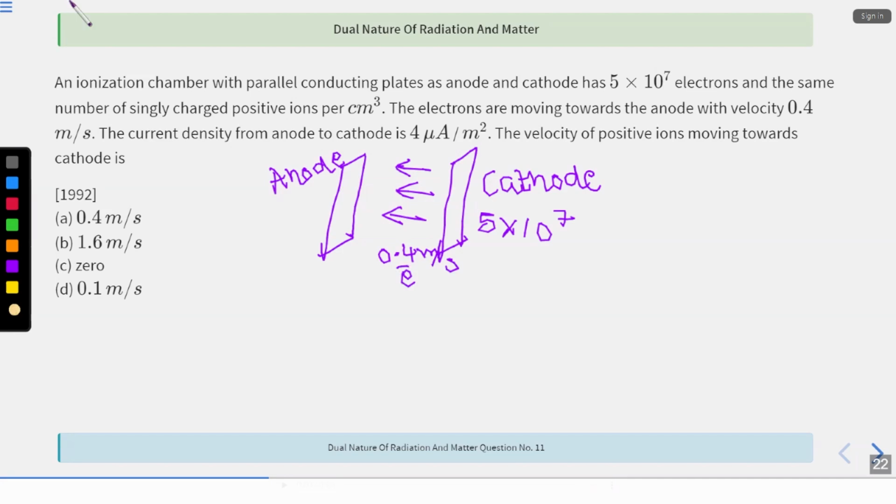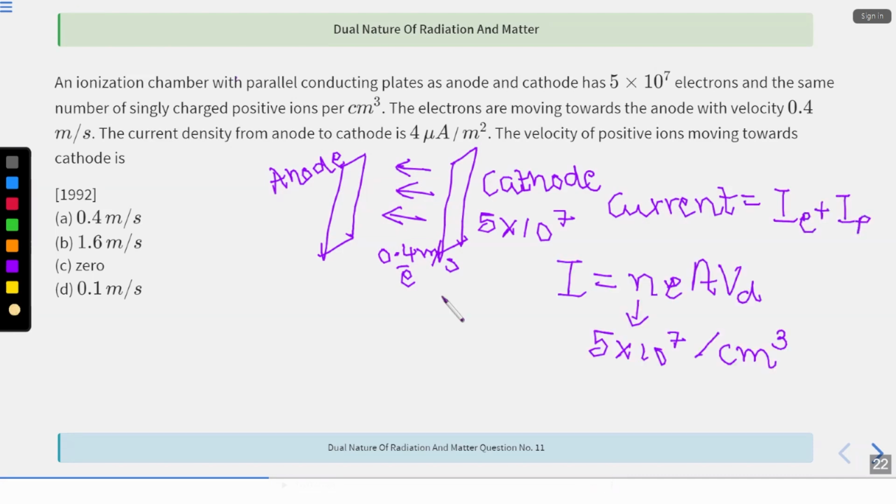So we can tell that the current is equal to the current produced by electrons plus the positively charged ions. So we know that I is equal to nEAvd, and here n is our 5 into 10 to the power 7 per centimeter cube. But then we need to bring it to meter cube.